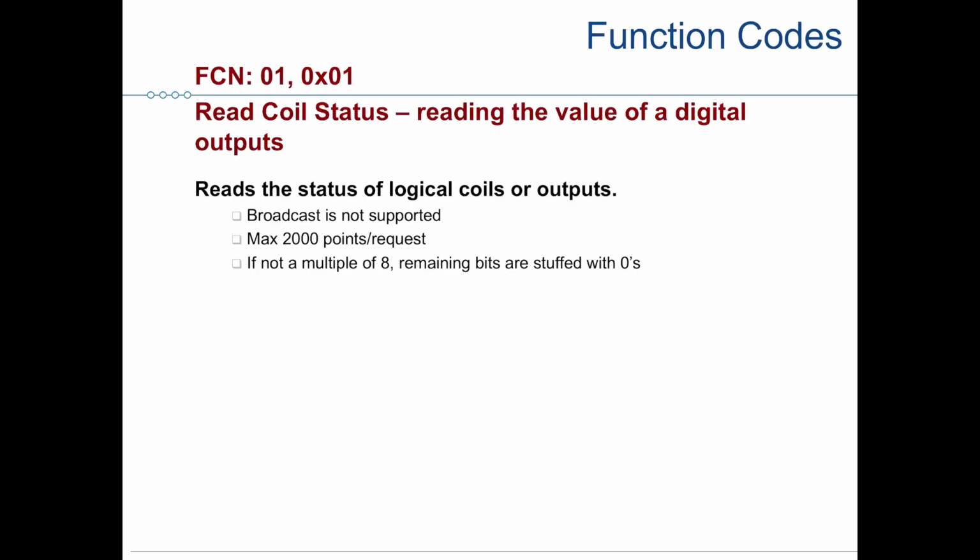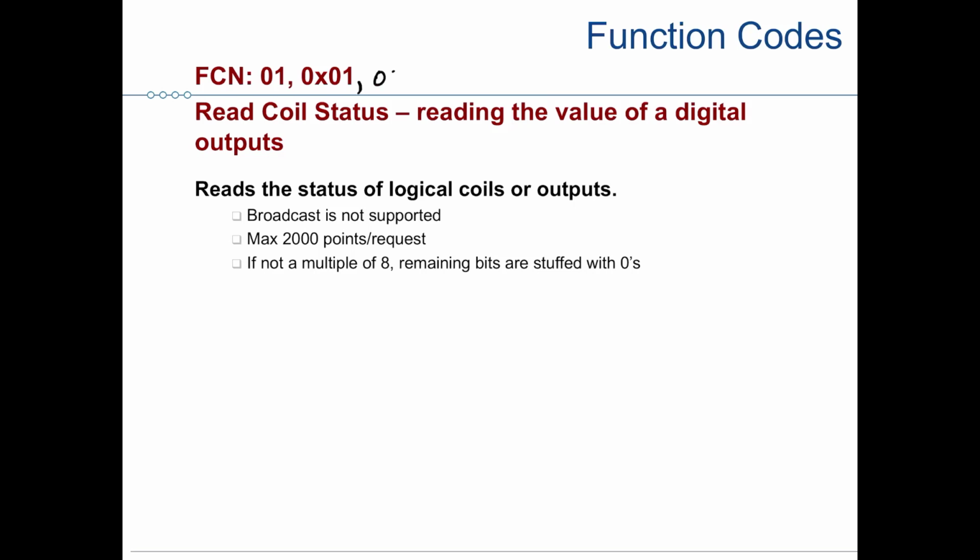So the first function code we're going to look at is function code 1, which is decimal 1 and also represented as a hexadecimal value 01. And what would that look like if we took it even further in terms of its binary value? That would be seen as a combination of ones and zeros in the 1 byte value of the function code.